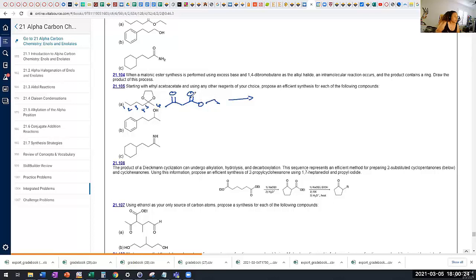So more than likely, what I would need to do for this reaction is I'm going to have to extend the number of carbons that are on here. And then I also are going to need to make a ketone on here that we're going to have to protect.